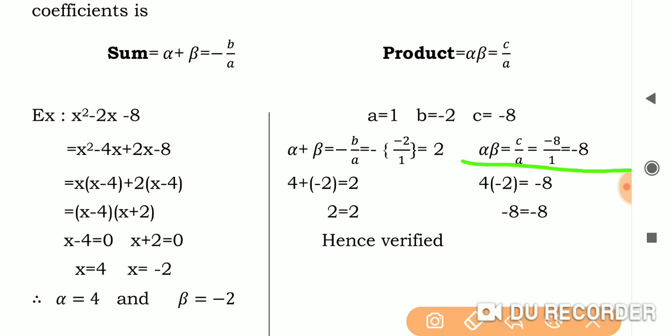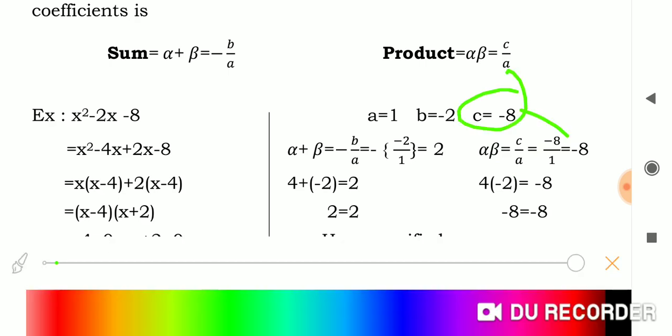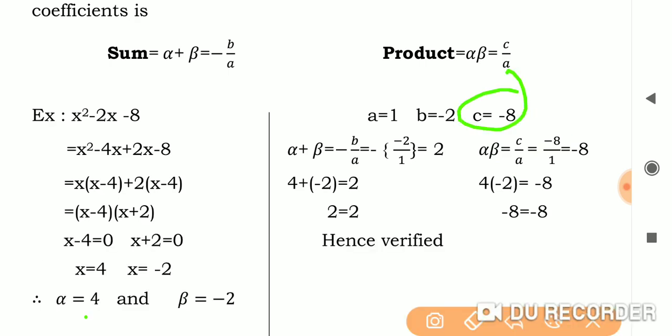So alpha into beta is equal to c by a, that we have learned earlier. In the place of alpha we have put 4, in the place of beta we have taken minus 2. Whereas c by a, in place of c we have written minus 8, and in place of a, as usual, a is equal to 1, we have retained here.